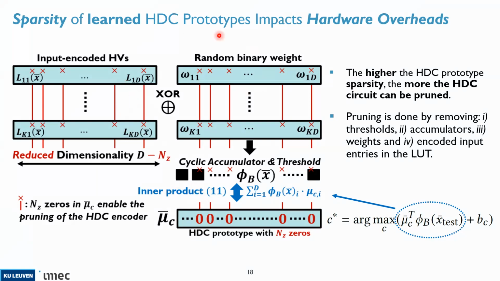So let's take again this example. We have this lookup table here. We have the weights here, and we do this element-wise XORing between the 1s and -1s, and then we sum them and get the resulting hypervector, and then we have to do this inner product.